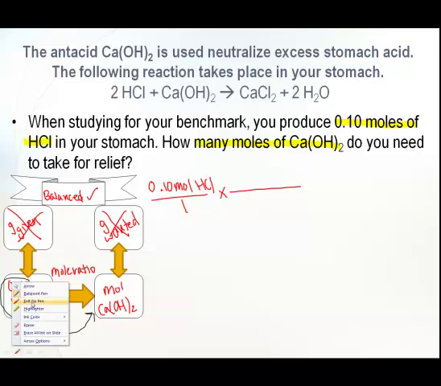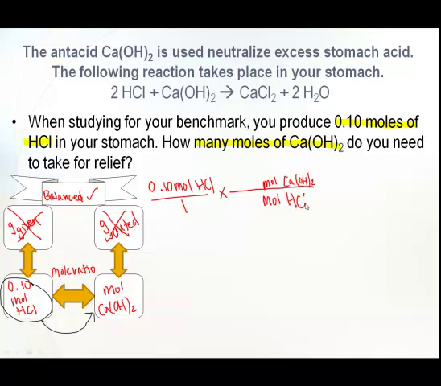So in this case, my wanted is going to be mole of calcium hydroxide. And on bottom, I'm going to need to put my units that I want to cancel out. So I want to take my mole of HCl, which I want to get rid of, and put that on bottom here. So once again, I have mole and mole, and anytime we have those two things together, we call that a mole ratio. That comes from the balanced equation.